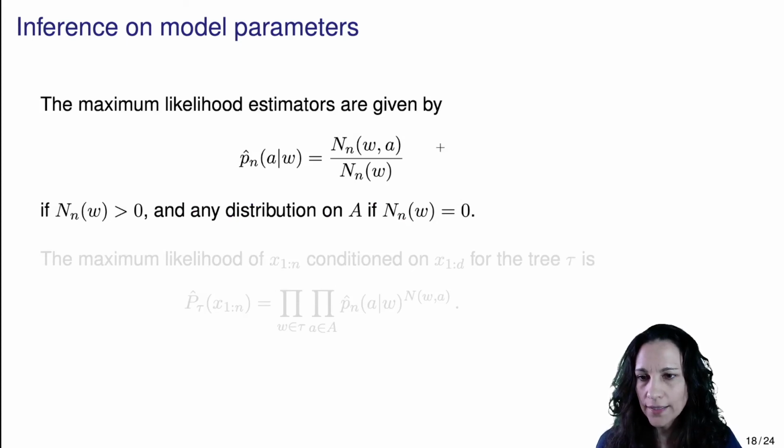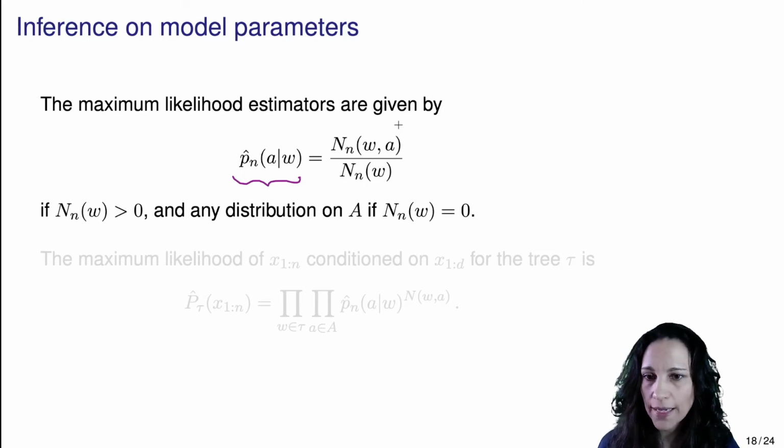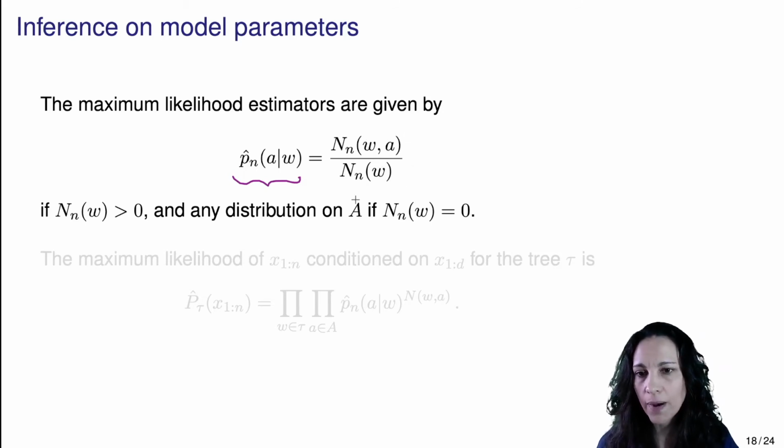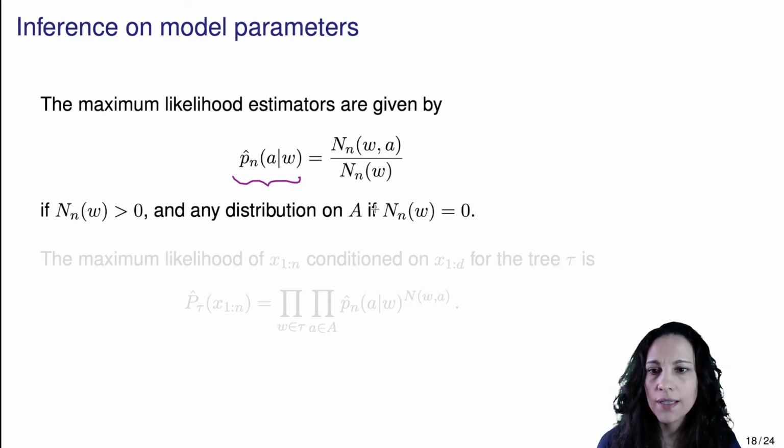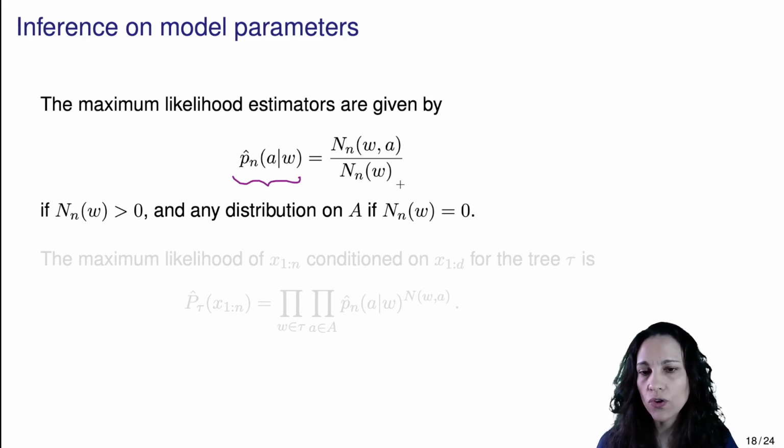Now that we defined these counters, we can define the maximum likelihood estimator of the transition probability of a symbol a given a sequence w as this ratio here. So we take the ratio of the number of times the sequence w occurs followed by the symbol a divided by the number of times the sequence w occurs followed by any symbol in the alphabet.